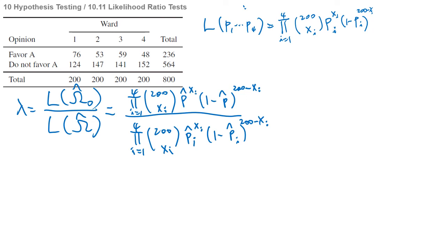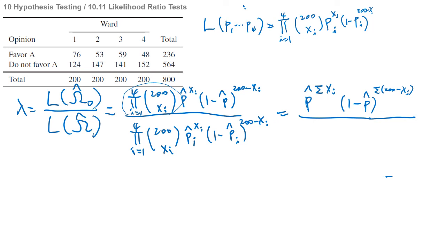actually this part cancelled, and so this is actually p hat to the sum of xi and 1 minus p hat to the sum of 200 minus xi, divided by the product over i equals 1 to 4 of pi hat to the xi times 1 minus pi hat to the 200 minus xi.